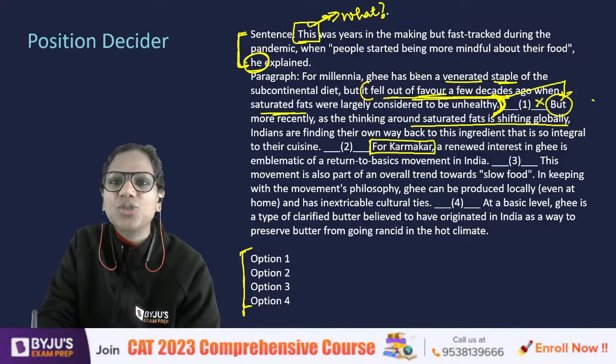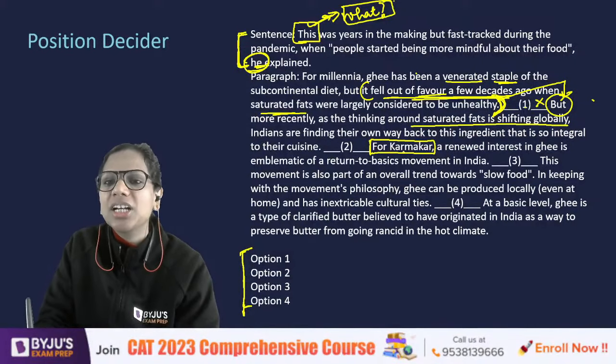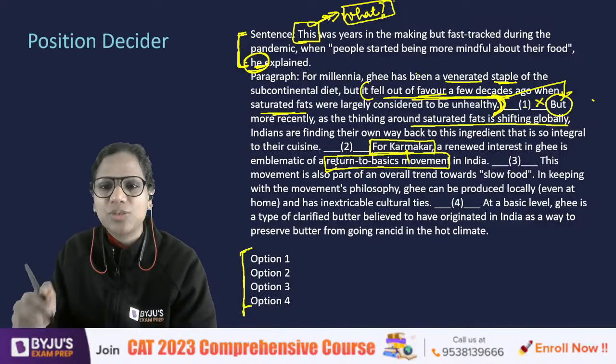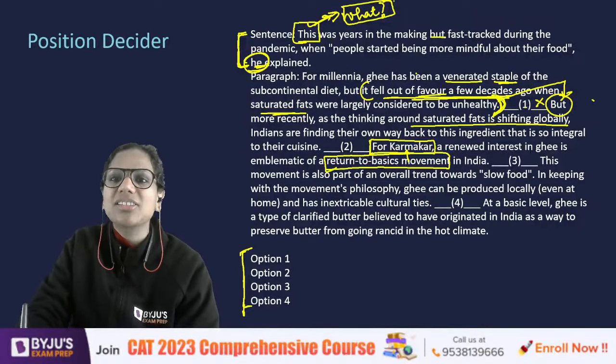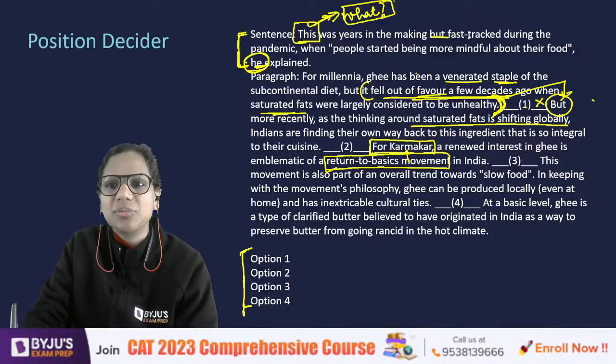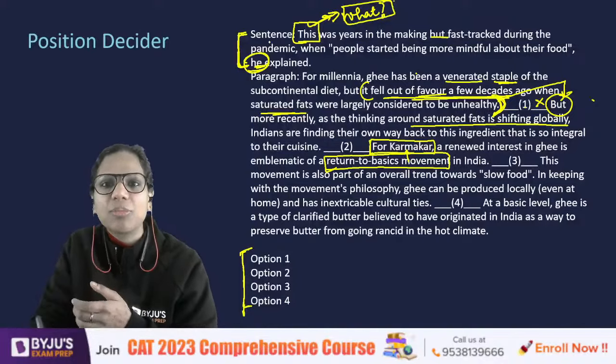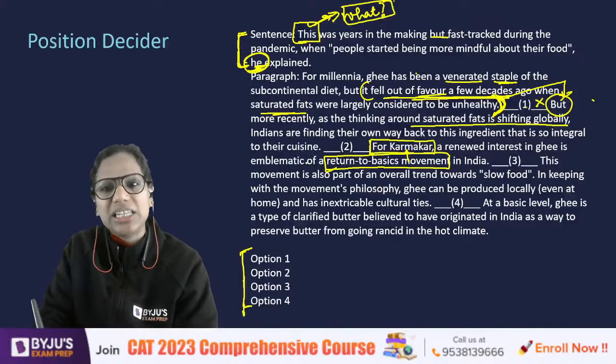So something needs to be stated before this, and there is a he that we are talking about. Karmakar looks like the name of a person. For Karmakar, a renewed interest in ghee is emblematic of a return to basics movement in India. Return to basics movement. This movement was years in the making, but fast tracked during the pandemic. So now I quote Karmakar and say he explained.